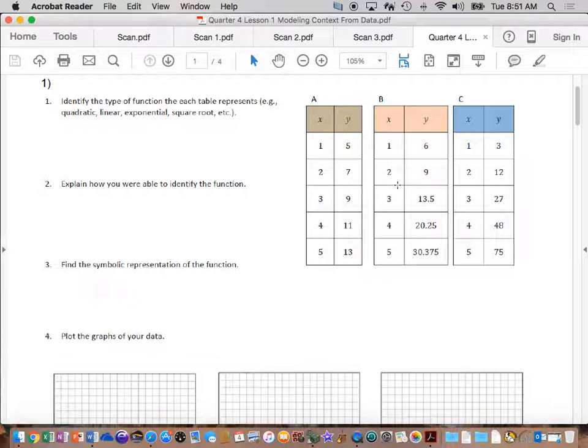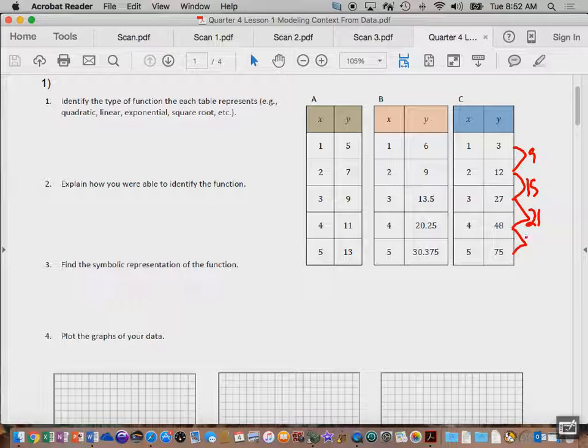Okay. Identify the type of function that each table represents. What's the first one? Linear, good. What's the second one? Exponential. Third one. Let's check on that. Quadratic. We're gonna look for second differences. I already found out the first differences: 9, 15, 21, 27.